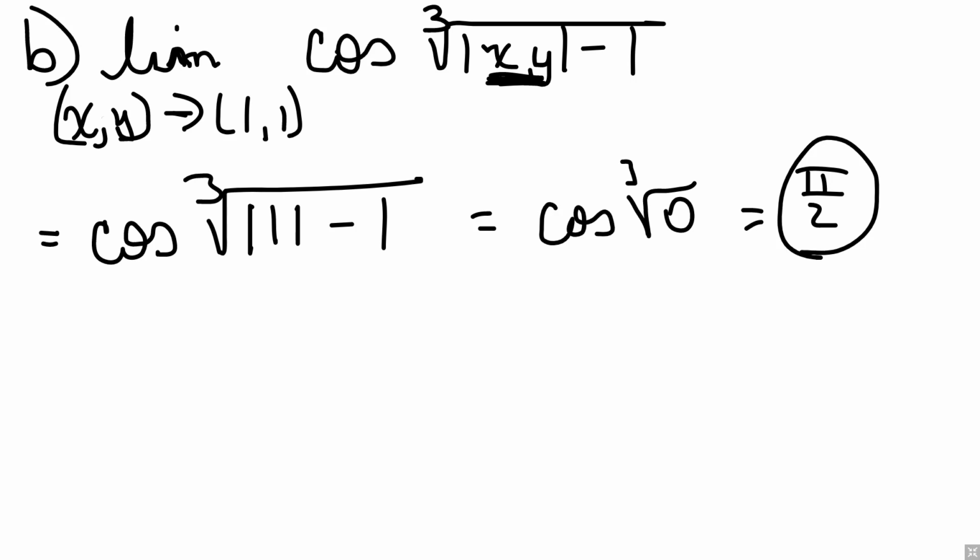It is 1. Not sure why I was thinking it's pi over 2. I was thinking inverse trig. So it is equal to 1. Now, if it was cosine inverse, then it would be pi over 2. Okay. All right. Any questions?